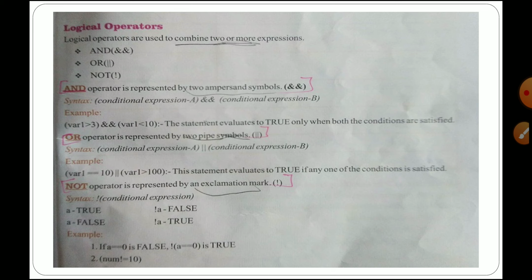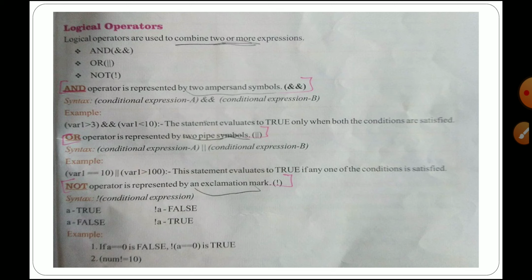Okay, next one, OR operator. The OR operator is represented by 2 pipe symbols, 2 lines, so that is called 2 pipe symbols. This OR operator also has 2 comparisons: conditional expression A, then the 2 pipe symbols, and then conditional expression B. It will check with this OR operator.